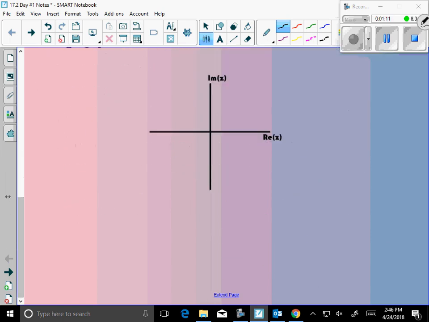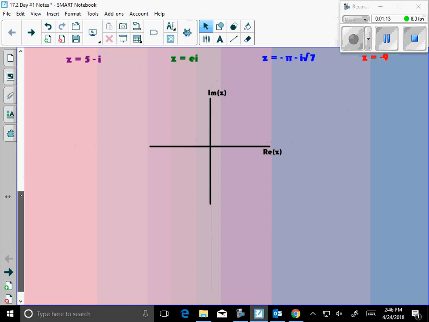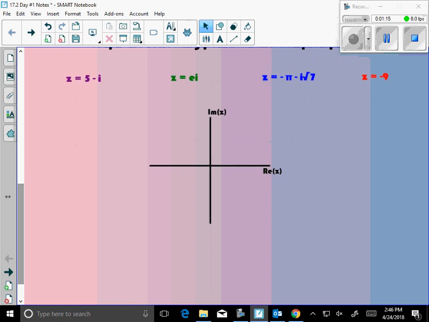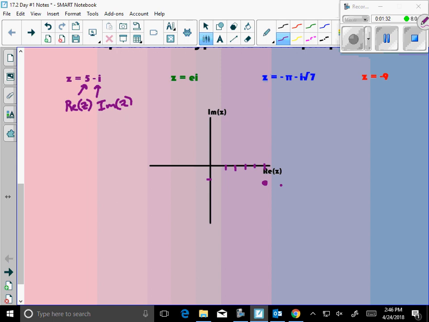So let's go ahead and plot these 4 points. As you'll notice here for the purple point z, this is my real portion, imaginary portion. So here's the real portion of z, here is the imaginary portion of z. We're going to go right 5, 1, 2, 3, 4, 5, and down 1. There is the point 5 minus i.